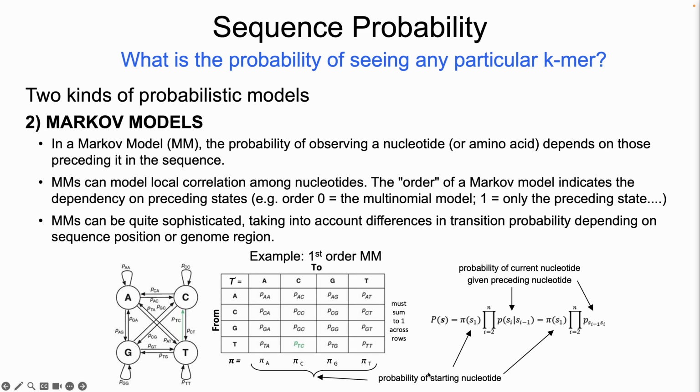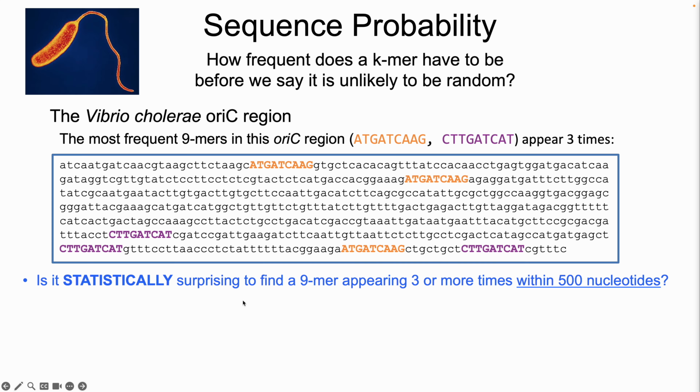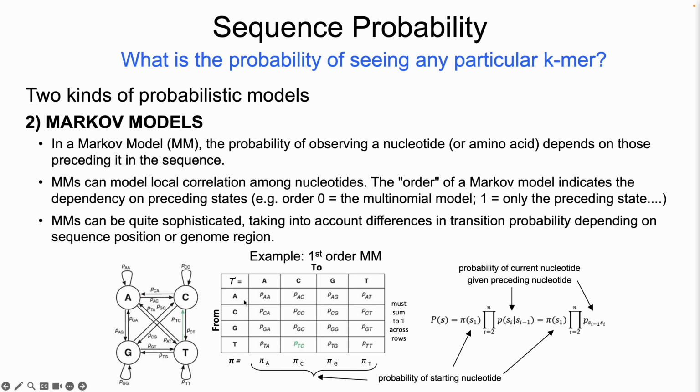Just for people that are interested, this is what a first order Markov model would look like. This pattern on the left is showing the arrows, like the A to T transitions and the T to A transitions, the A to A. That's what all these little loops are. And then you translate that into this table. That's the probability of going from any of the nucleotides into one of the other nucleotides.